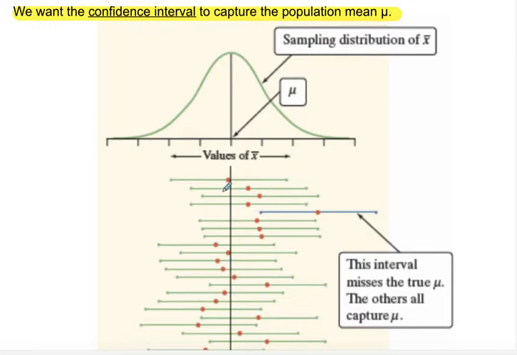Okay, so this looks like what we did on the back of the board. So each of these little strips is a sample that was taken. Well, I should be more precise. Each of these red dots is a sample mean, or it could be a sample proportion depending on the problem. And then if you add a margin of error and subtract a margin of error, you get these strips called confidence intervals. Now, we're trying to estimate what the true population mean or proportion is.